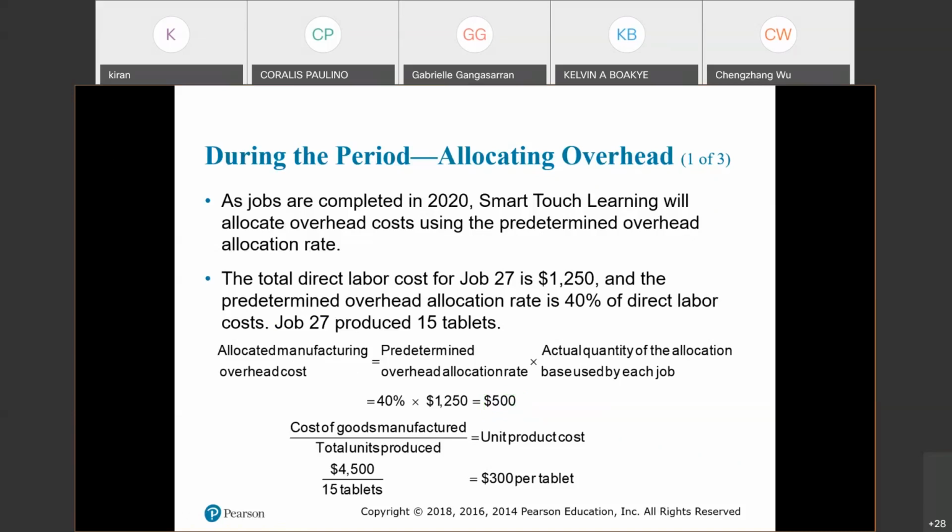So this amount is the allocated manufacturing overhead cost. And let's use this job 27 as an example. The total direct labor cost is $1,250 and the predetermined overhead allocation rate is 40%.